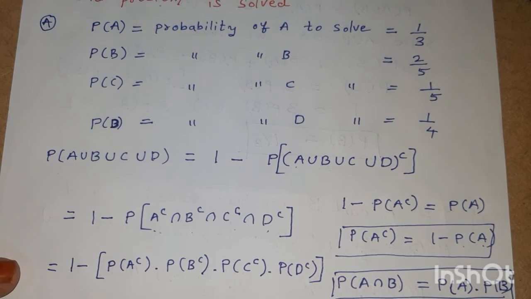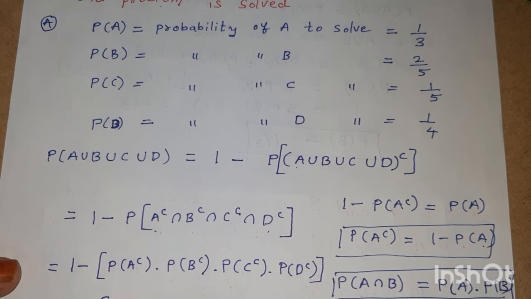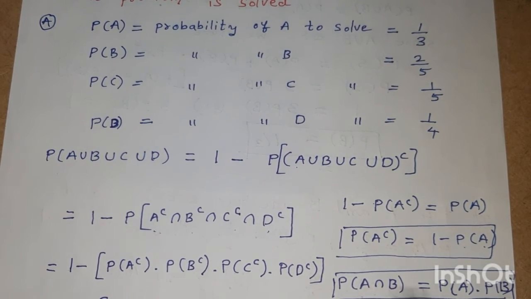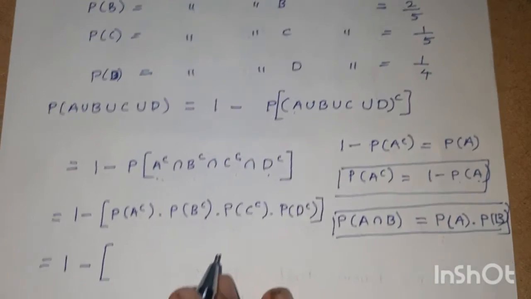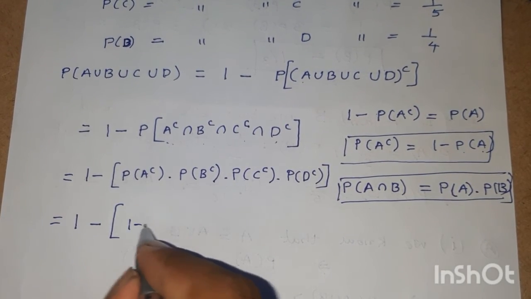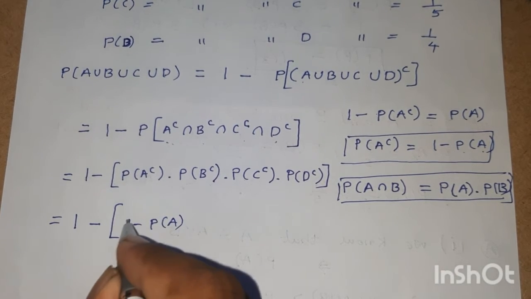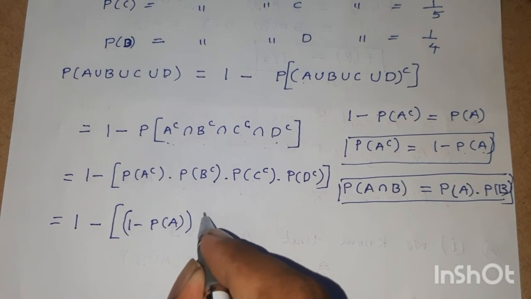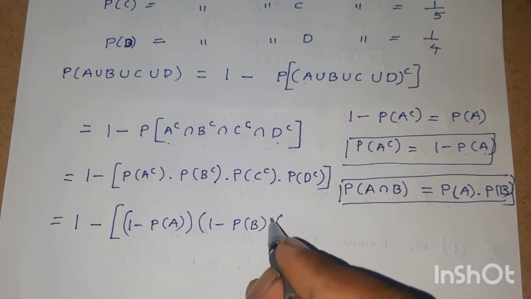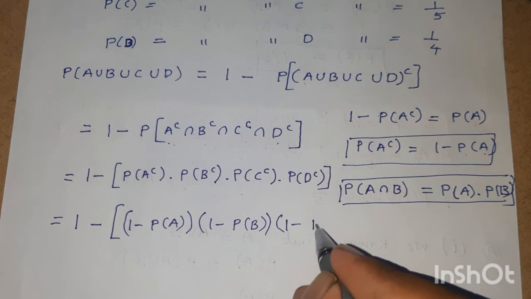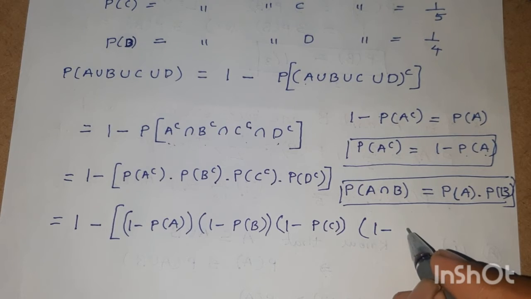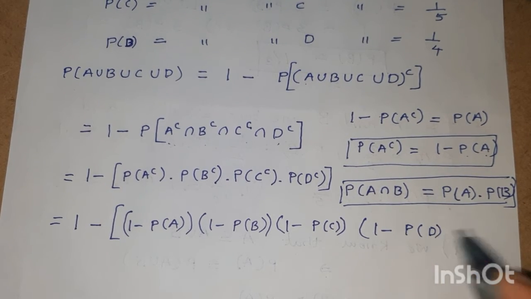Now P of A complement means 1 minus P of A, so 1 minus P of A, 1 minus P of B, 1 minus P of C, 1 minus P of D.